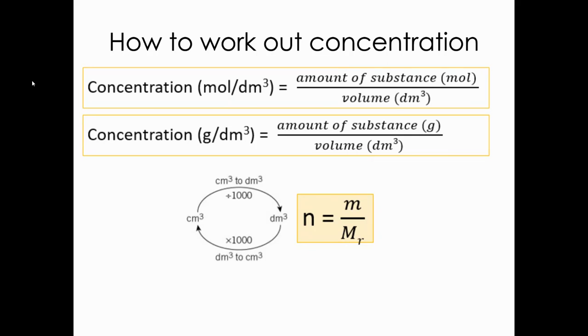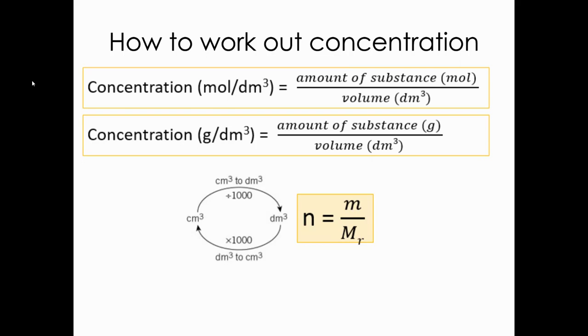If the units are moles per decimeter cubed, then it's the number of moles divided by decimeters cubed, which is a unit for volume. And if we're doing it in grams per decimeter cubed, then it's simply the amount of substance in grams divided by the volume in decimeters cubed. So it's always in decimeters cubed. The difference is whether it's in moles or grams.